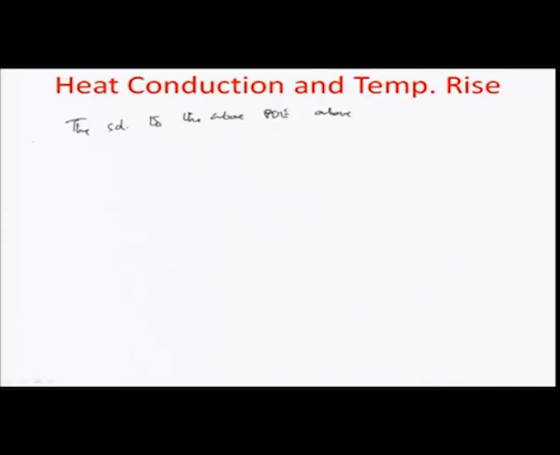So, the PDE solution is theta z t equals twice h by k, h is a constant heat flux, times root of alpha t by pi, exponential to the power of minus square of the depth by 4 alpha t, minus z by 2, the first kind of the coefficient, z by twice root of alpha t.